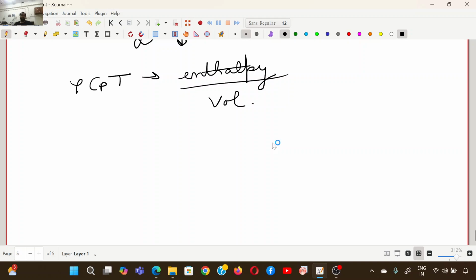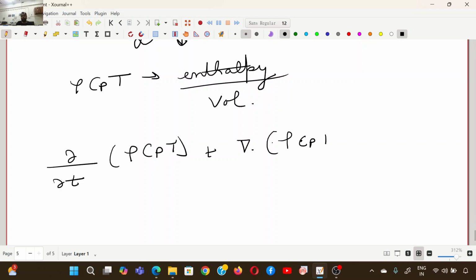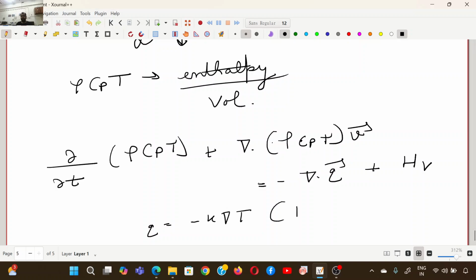So our energy equation is roughly of the form: the unsteady term is dou by dou t of rho Cp T. Then there is a convective term, divergence of rho Cp T V. The diffusive term is just minus del dot q, where q can be given by Fourier's law. And there is a heat generation term, say H_V. So this is a general typical form of an energy equation. q is given as minus k del T. That comes from the constitutive relation known as Fourier's law.